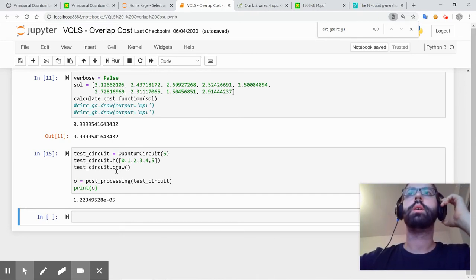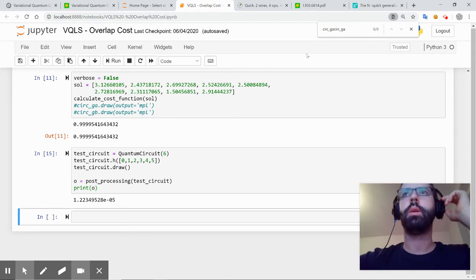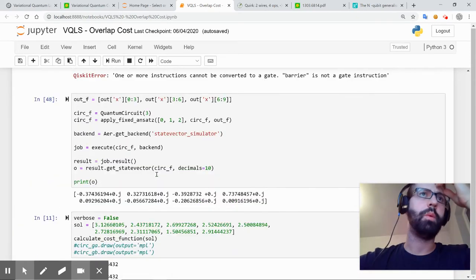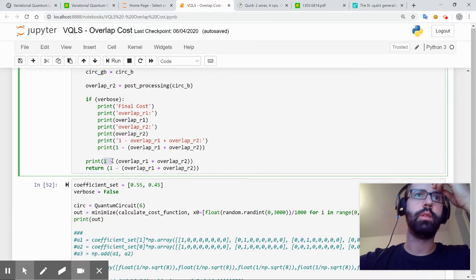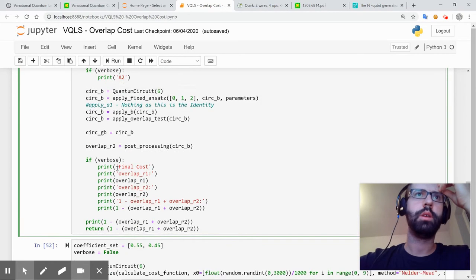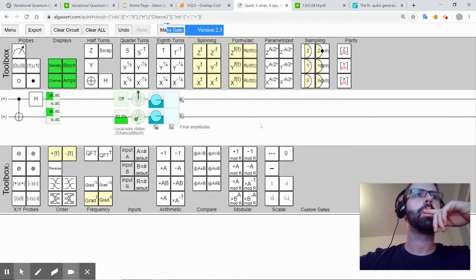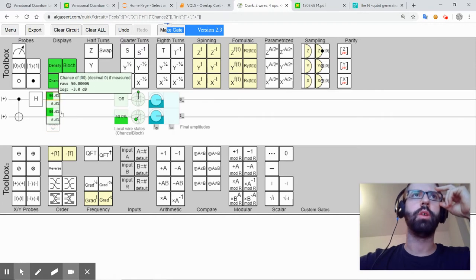Why? Maybe I'm calculating it already. So maybe what I'm doing wrong is that I'm doing these 1 minus, because I thought, if they are the same, like in this case, you should have a big overlap because those things add up, right?